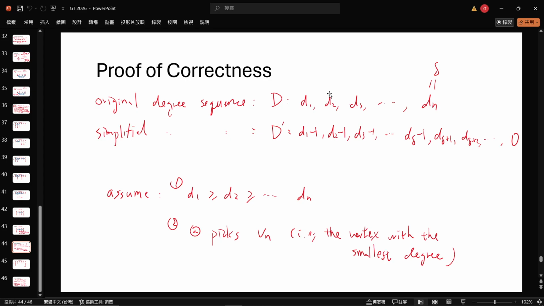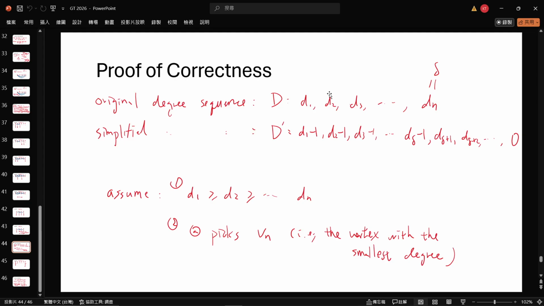And when we find neighbors for this vertex, we always choose the largest degrees. So for these degrees, their remaining degrees will be reduced by 1. We get D1 minus 1, D2 minus 1, D3 minus 1, up to D delta minus 1. Here delta is just the smallest degree, and all the remaining degrees are the same.